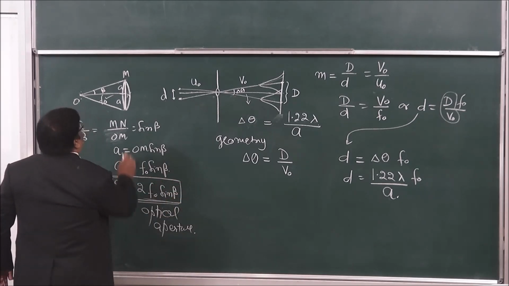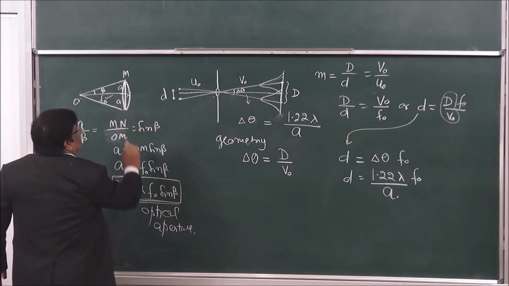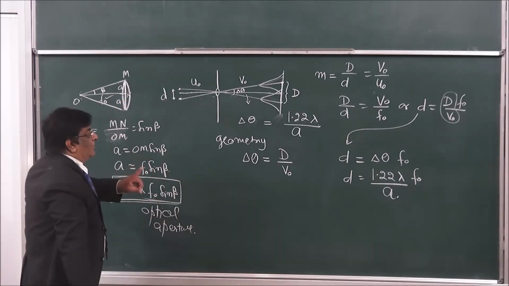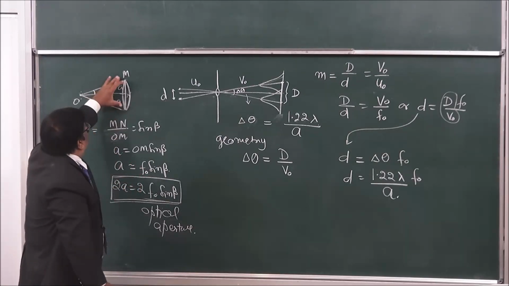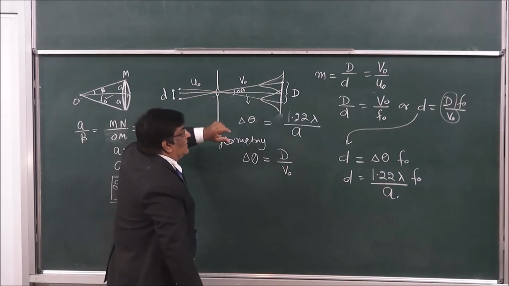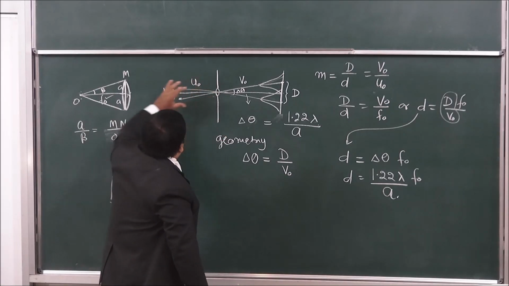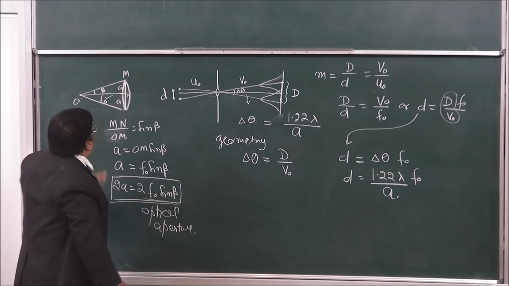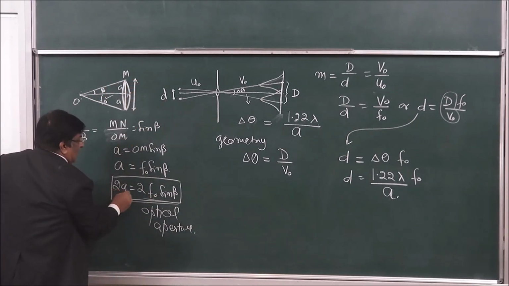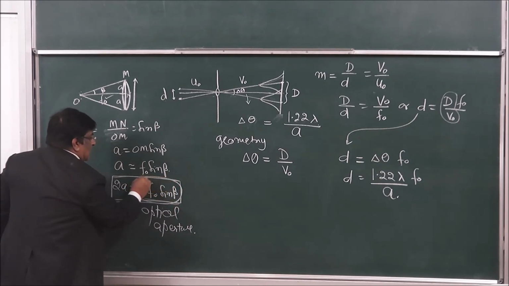Now this aperture, I have already taken one equation here which says this. This total aperture is equal to 2 f naught sine beta. Here don't get confused with A and 2A. Here I have taken it as 2A. Here I have taken it as A. So A in this diagram is equal to 2A. So here the total aperture is equal to 2 f naught sine beta.